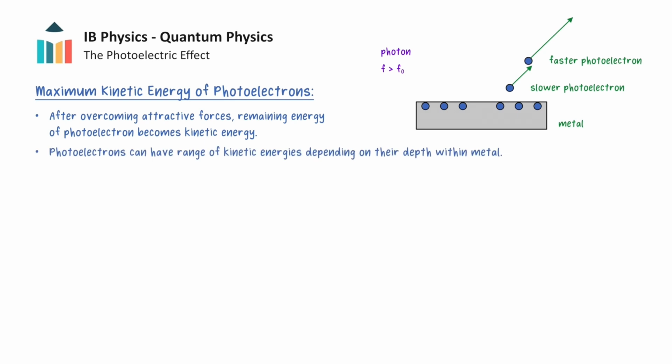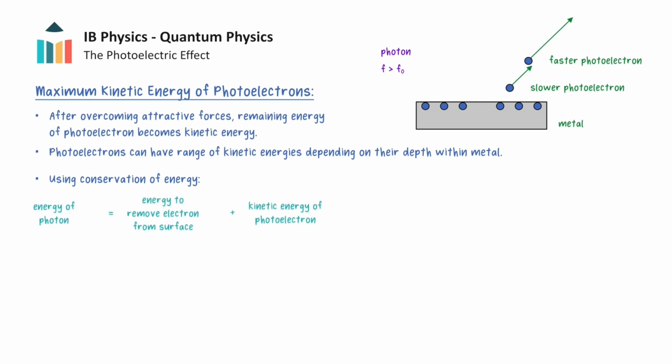With this in mind, let's calculate the maximum kinetic energy possible for photoelectrons. Using the principle of conservation of energy, we can write down the following expression. We know that the energy carried by a photon is given by hf, and the minimum energy required to remove an electron from its surface is the work function phi.